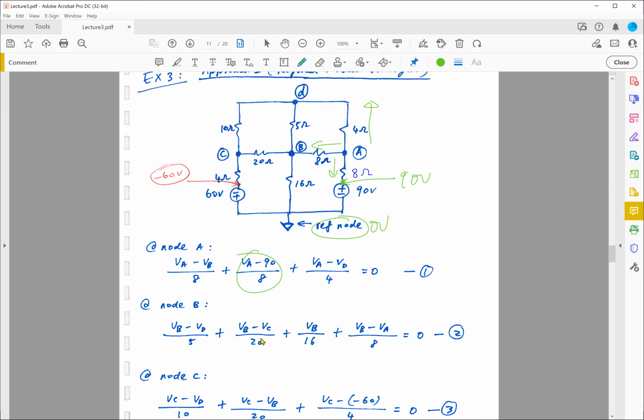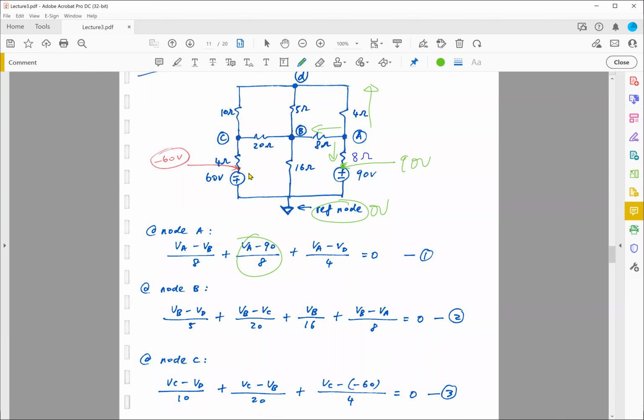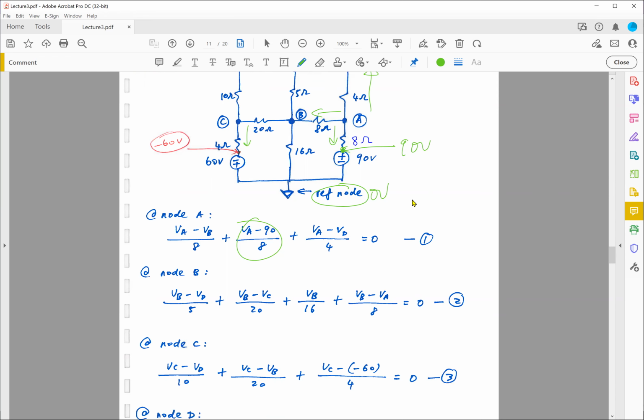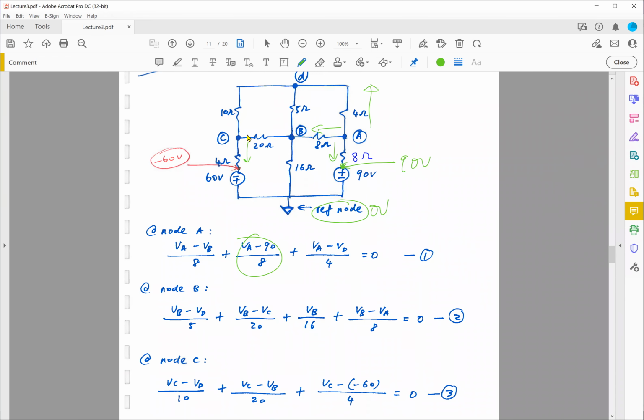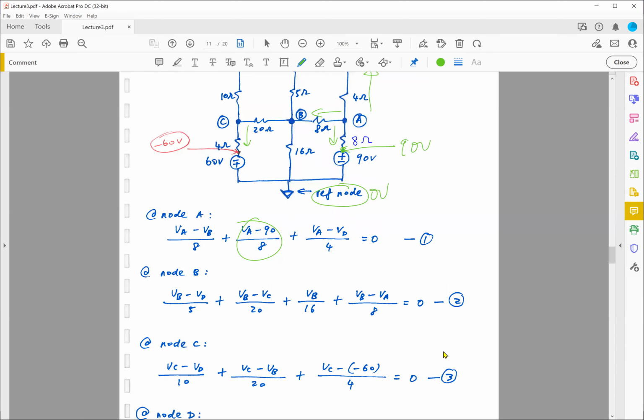Okay, so where is it? So VC minus 60 minus negative 60 divided by 4 is equal to this current. So again, 1, 2, and 3 terms, sum to 0. This is my equation number 3.